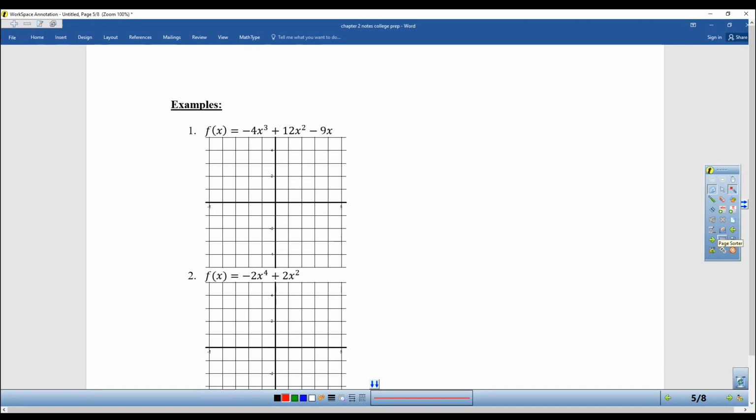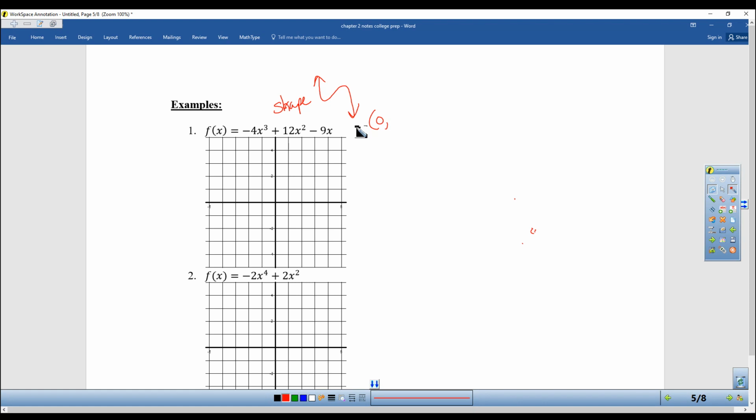So first, I look at this and I think to myself, oh, I know the shape. It's cubic. But then I see the leading coefficient is negative, and I realize it is cubic, but it's going to end down. So the shape is going to start like that, and it's going to end down. We've got the shape, the end behavior, the y-intercept in this case is 0.